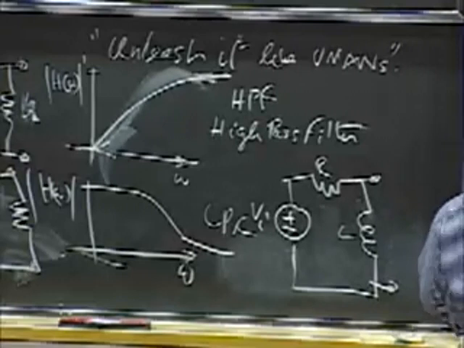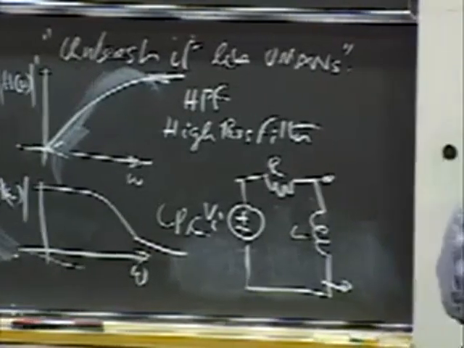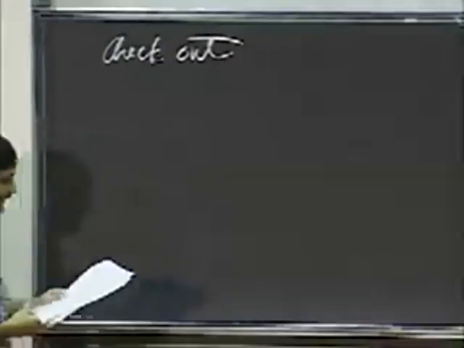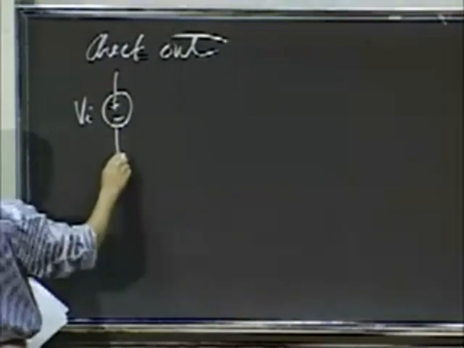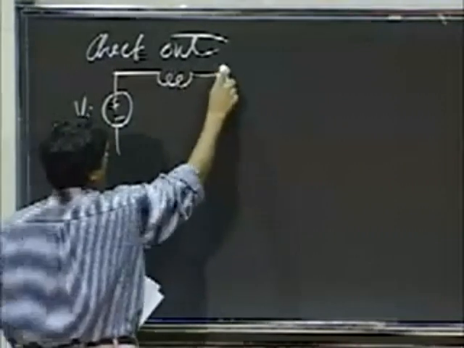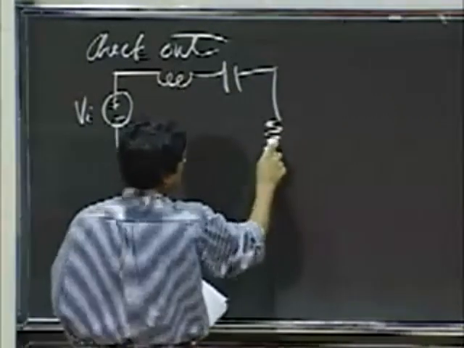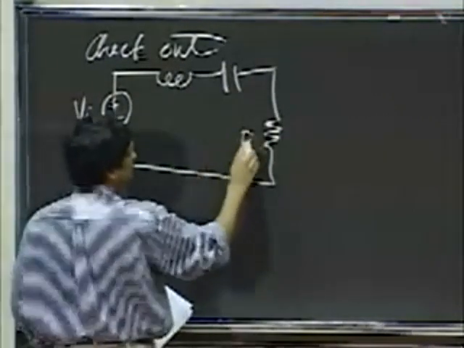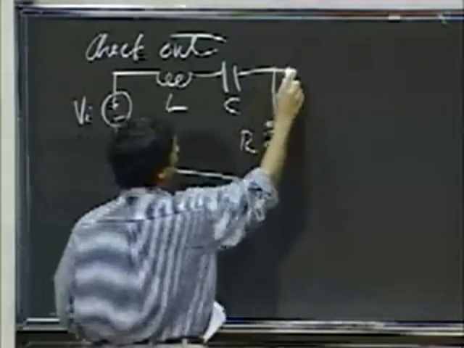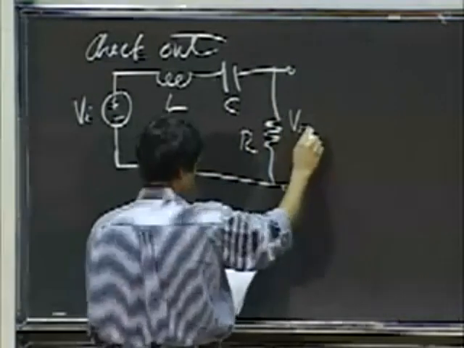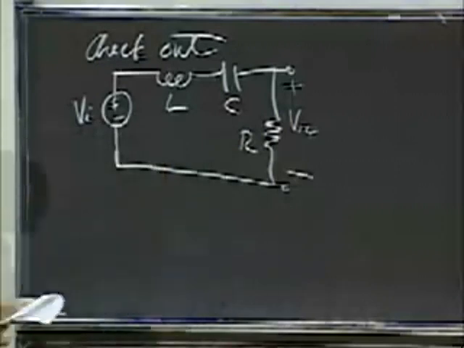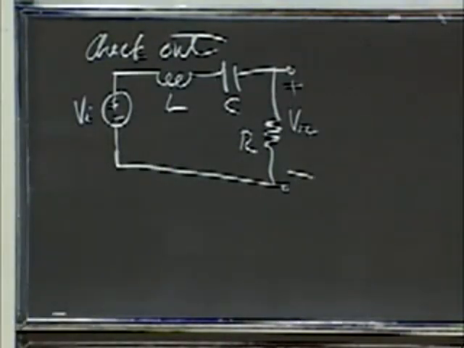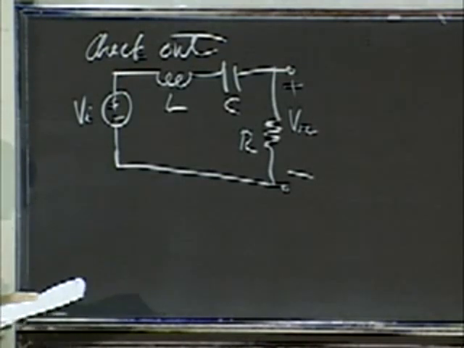As another example, I'd like to do a series RLC circuit, and try to give you some sense of what that output looks like.